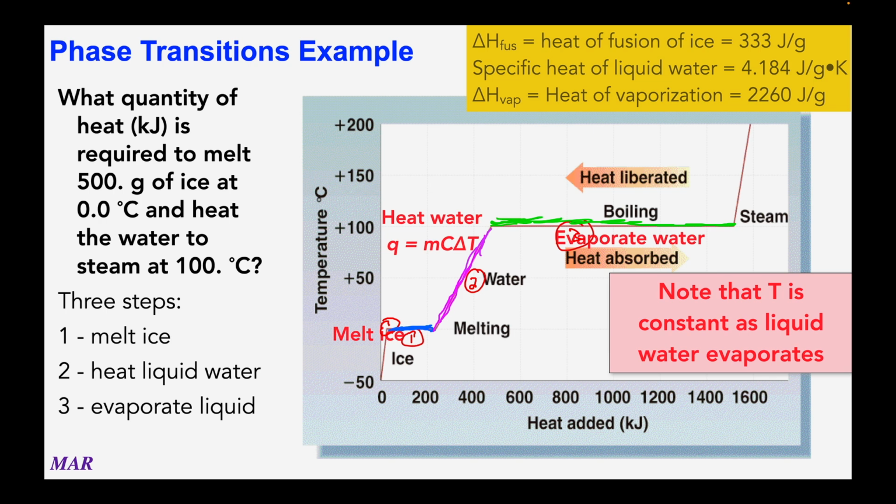The heat of vaporization, delta H vap, is 2260 joules per gram. So every gram of liquid water needs 2260 joules to turn it into a gas. So notice it's quite a bit more energy to turn liquids into gas than it is solids into liquids. Just kind of an interesting phenomenon.